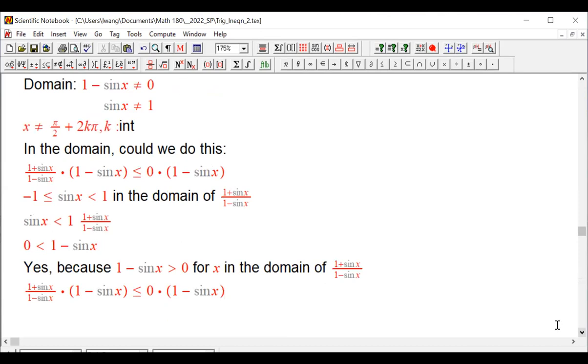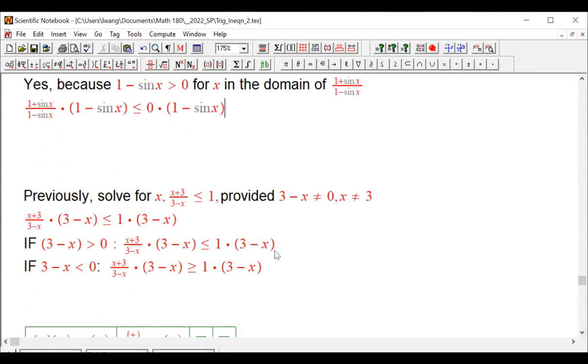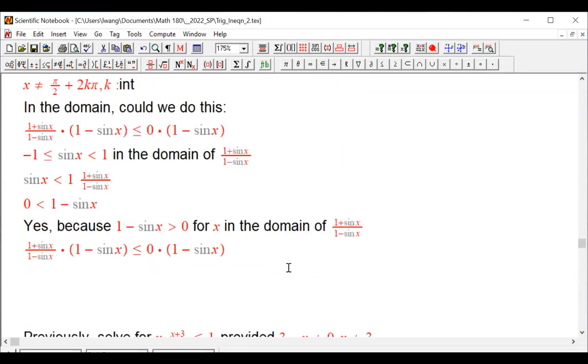Okay, so these are the additional answers. Does it contradict what we said? No, it doesn't contradict the principle, because if we know 3 minus x is positive, then we can multiply both sides by it. If we know 3 minus x is negative, we can multiply both sides by the number, you just have to switch the inequality sign. So it doesn't contradict the principle.